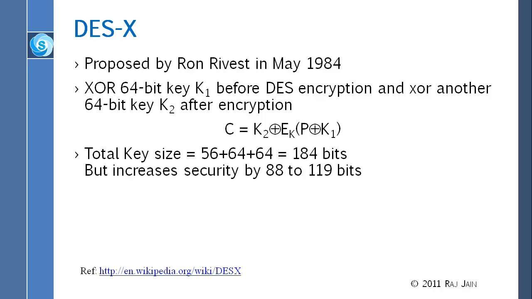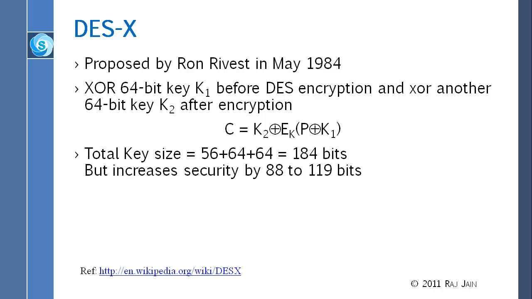So Rivest came up with this in 1984, and this is an extension of DES, in which he says that all you do is exclusive OR the plain text with a key, then you encrypt, and then you exclusive OR with the second key. So he doesn't want to do DES 2 times. He does DES only 1 time, but he does exclusive OR 2 times.